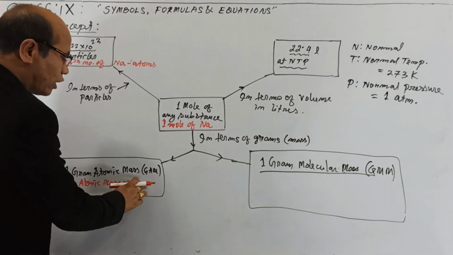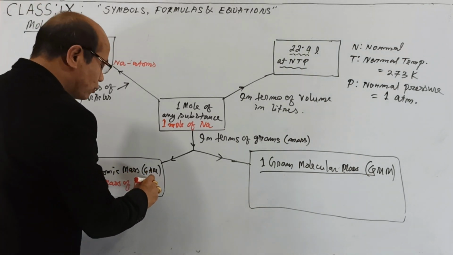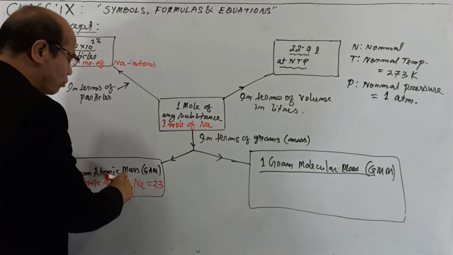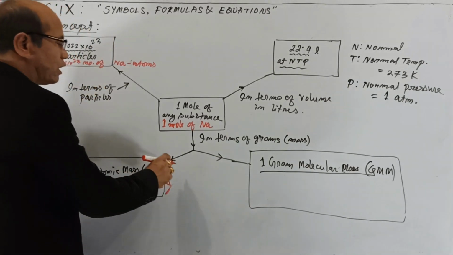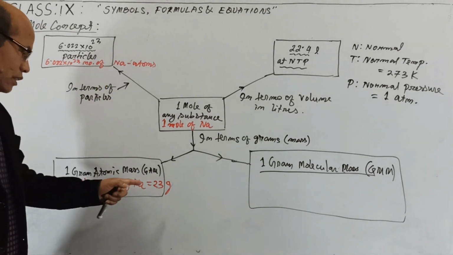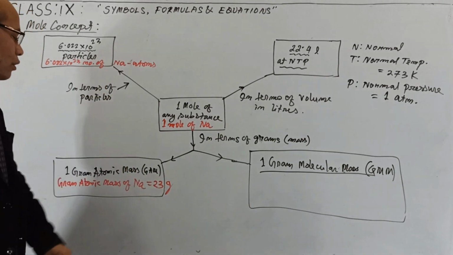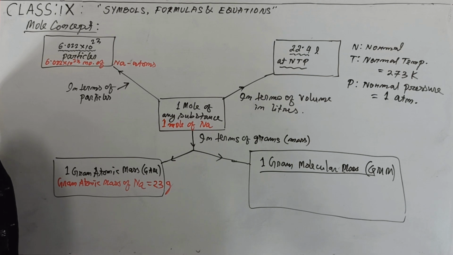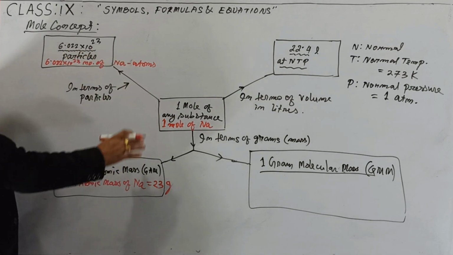If you know the atomic mass of sodium is 23, then its gram atomic mass should be 23 grams. That means when you convert 1 mole of sodium into grams, 23 grams of sodium will be there. So this is the idea.